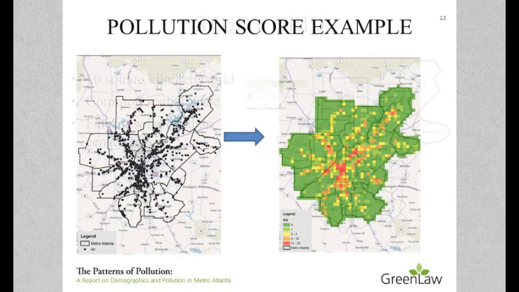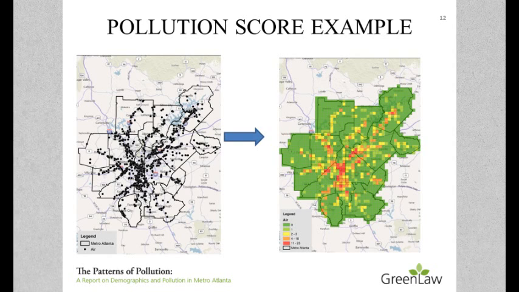Now I'm going to walk you through the model and our process to give you hopefully a visual idea and understanding of what we did. In the map on your left, with a bunch of black points, each point represents an air-emitting facility. You can think of it as a factory or a manufacturing plant or anything that has an air emission permit.